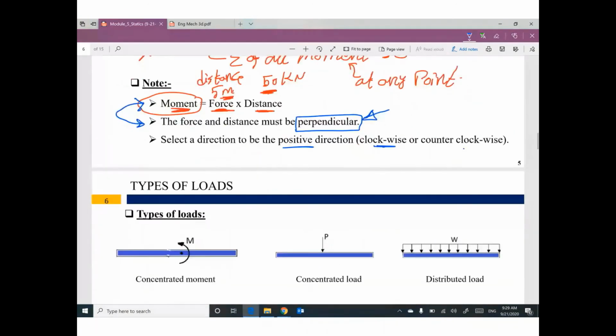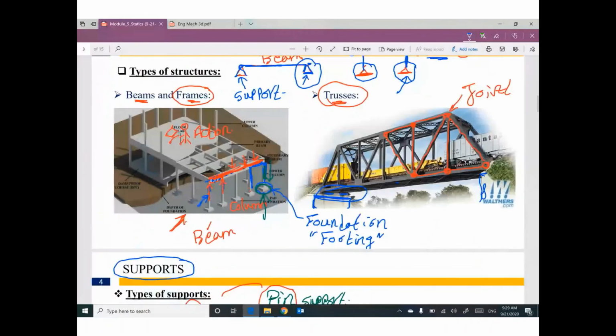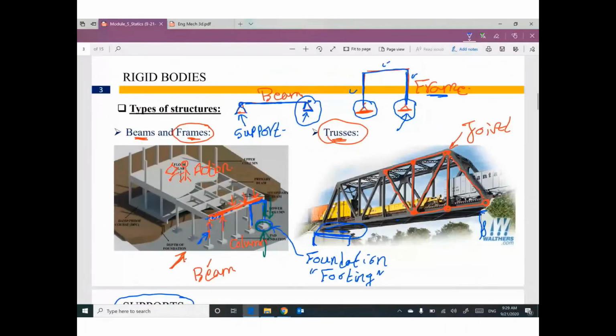So what we learned today, we are talking about a rigid body. Rigid body means we have a body. It's not a particle. And this rigid body can be a beam or frame or truss.